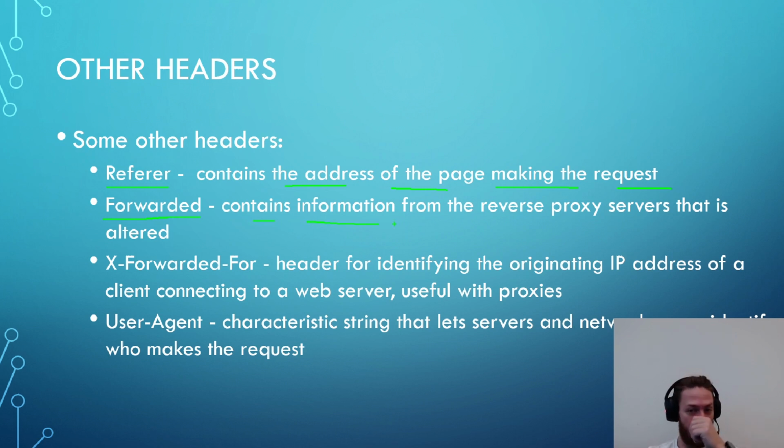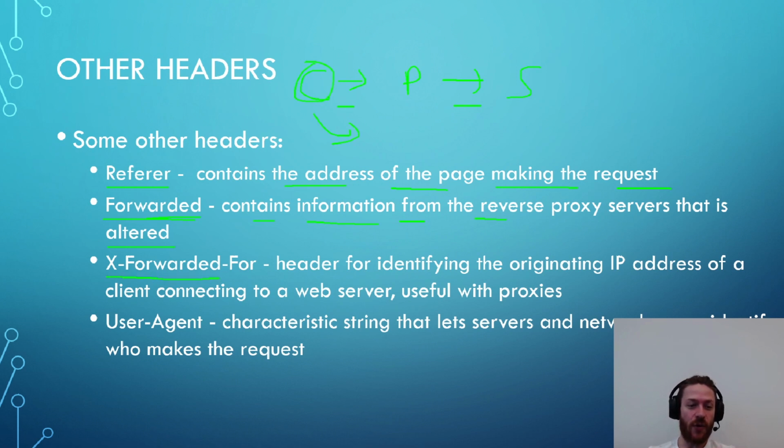We have Forwarded. Forwarded contains information from a proxy server that may be altered by the proxy. When we have a proxy server, we have a client which is calling some proxy, which is calling some server. So between this HTTP request and this HTTP request, there may be some differences. The proxy server may send additional headers, for example, Forwarded, to provide the information from the original client.